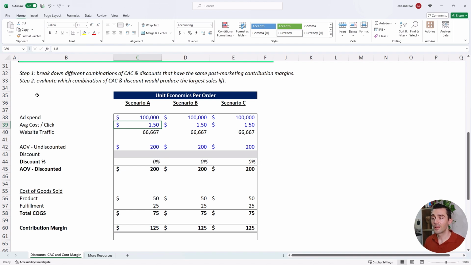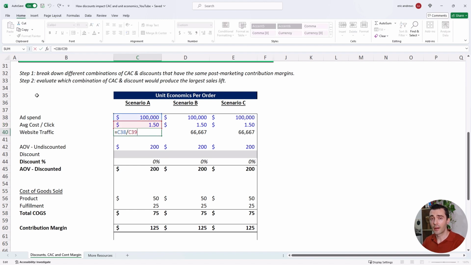That could be a blended cost per click across different traffic acquisition channels. Maybe that's just paid acquisition, but we're going to assume that that's roughly what it costs to get one website session for our business. So what that means is that if you spend $100,000 at $1.50 a click, you get 66,667 website sessions. So all three of these scenarios are exactly the same.